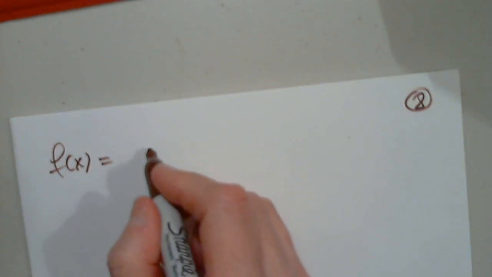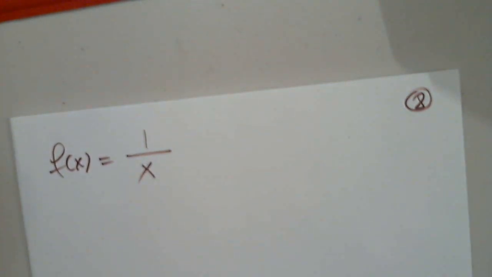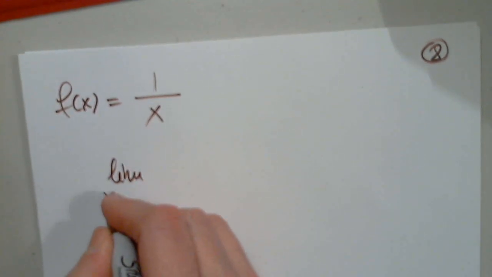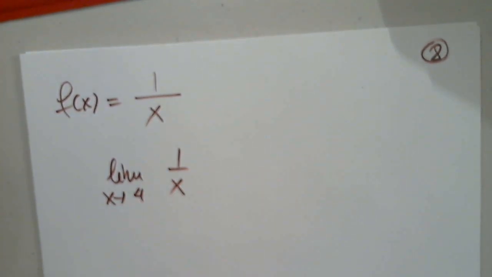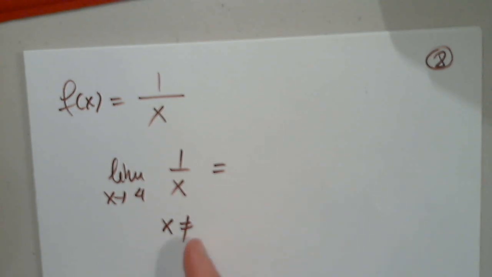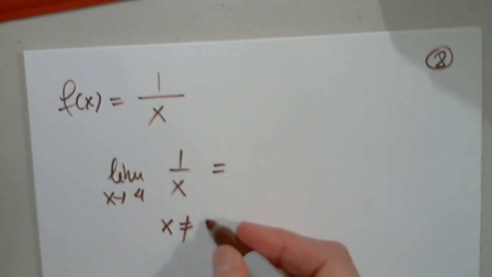So now I wanted to look at a rational function. Let's say f of x equals 1 over x. And I want to determine the limit as x approaches 4 of 1 over x. Is 4 in the domain? Pretty much the same idea. Yes. What will not be in the domain? -4?